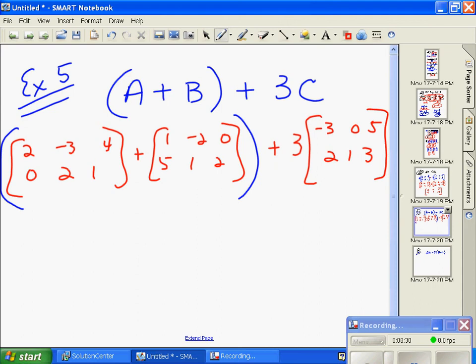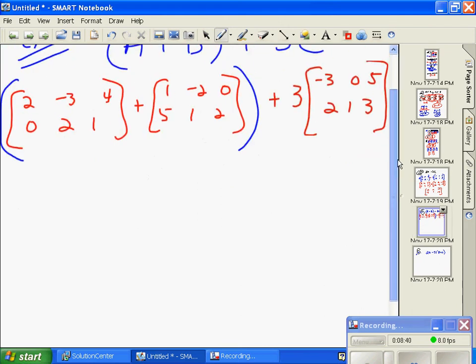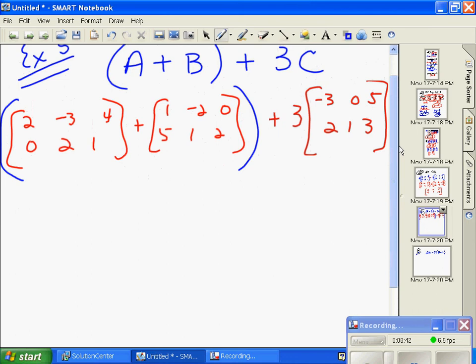Now again, you don't have to be writing these matrices down if you can get by with just doing a little mental math. I understand that. Okay, so I'm going to add these two matrices together, double checking are the dimensions the same. This is a 2 by 3, this is a 2 by 3, so yes, we're okay. So I'm going to add those matrices together to get 3, negative 5, 4, 5, 3, 3.